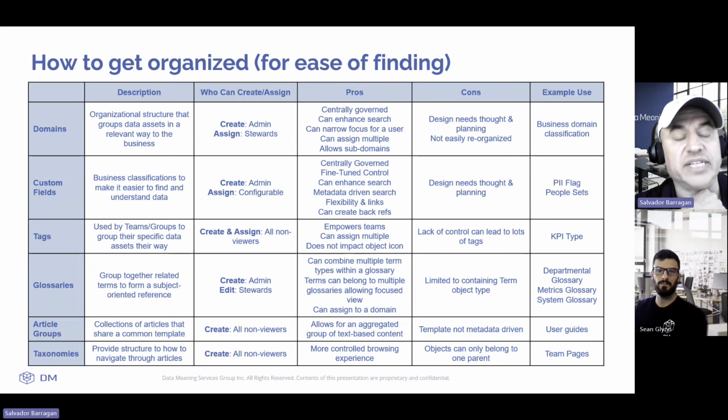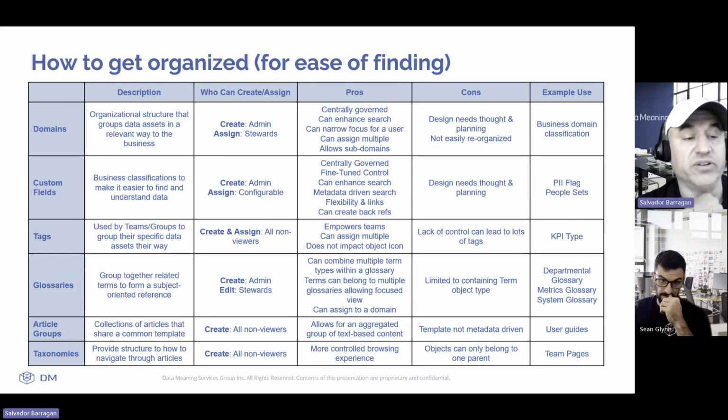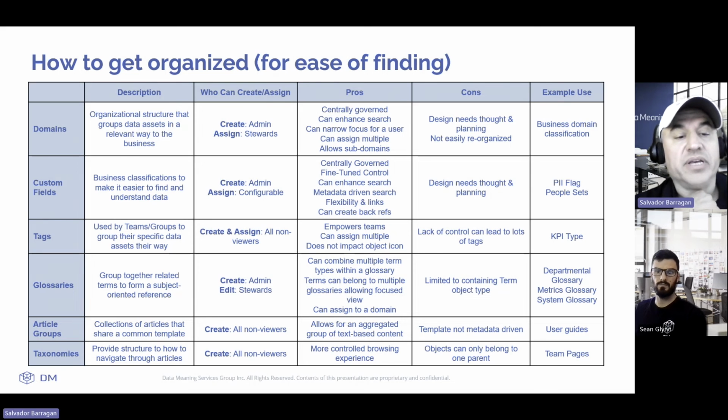Glossaries are where data is defined. You can address, for example, data and policies around article groups, and then taxonomies as well, which give you the ability to navigate through data much easier. All these areas, data stewardship is able to address. There are some pros and cons to each one of these, and some examples of how that occurs.